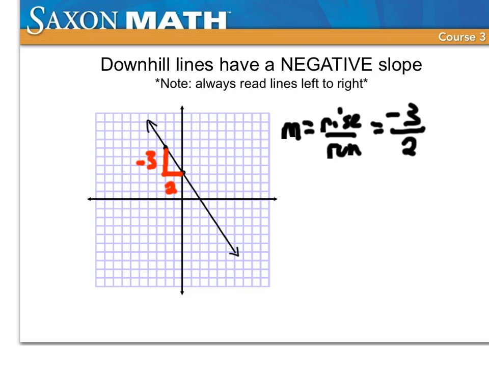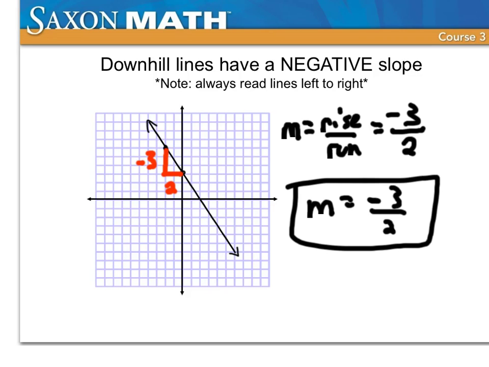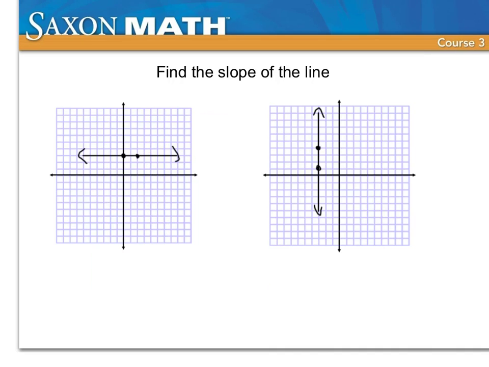And now I just need to write this in m equals form as a reduced fraction. So I'm going to put m equals, and 3 and 2 don't simplify. Well, I've got a negative on top and a positive on bottom, so my answer is going to be negative. And it's 3 over 2. Those don't simplify, so I've still got negative 3 over positive 2 for my slope. Okay? Alright, let's go on to another example.